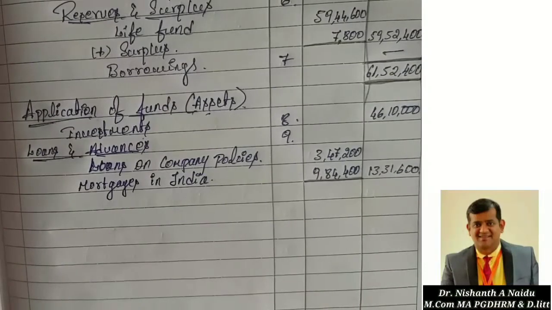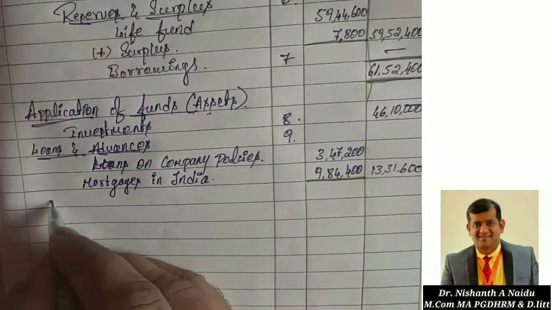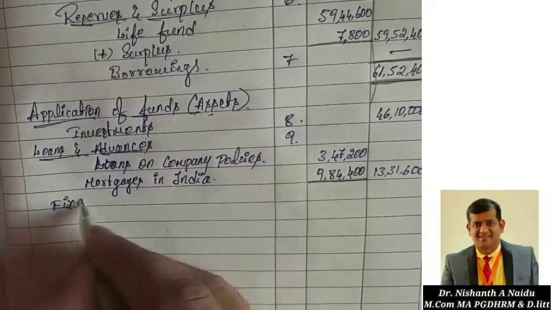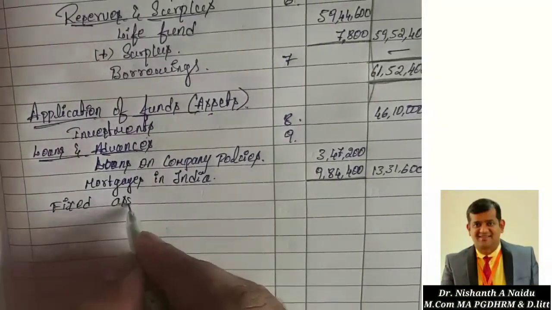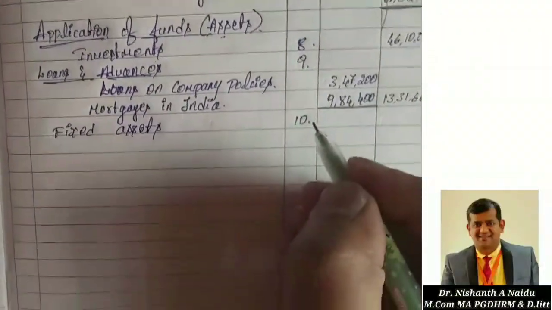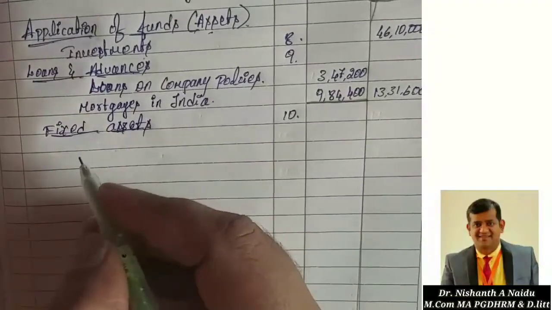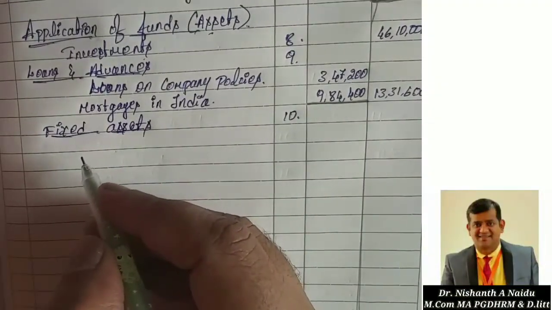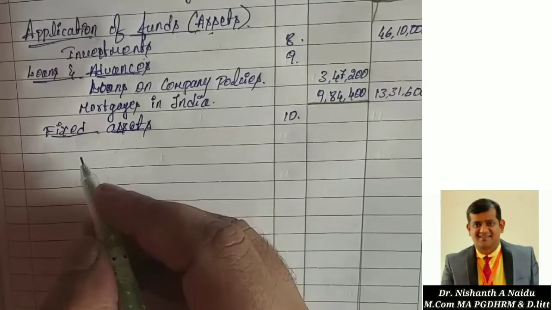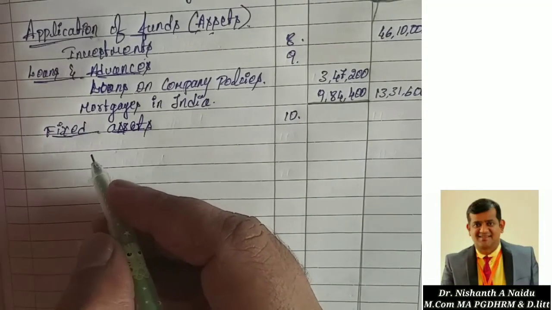Fine. So next we have fixed assets. Schedule number 10 is fixed assets. Under schedule number 10, which are all the items you should take? You have already marked it, right? We have freehold premises.